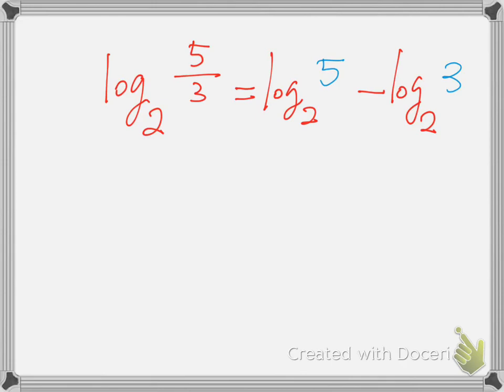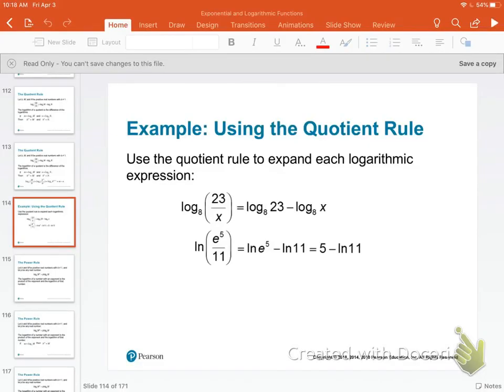So it's log 2 of 5 minus log 2 of 3. Two more examples. Same base, number 8. For the quotient, the numerator is 23, so the first one is 23. The denominator is x, so the second one is x. So it's log 8 of 23 minus log 8 of x.